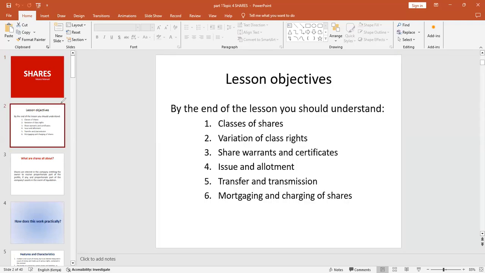We need to understand the various ways in which you can classify shares, variation of rights, the rights associated with shares, the difference between a share warrant and share certificate, issues surrounding issue and allotment of shares, things to do with transmission of shares, and then mortgage or charging of shares, basically putting up shares as collateral or security in exchange for maybe some money.